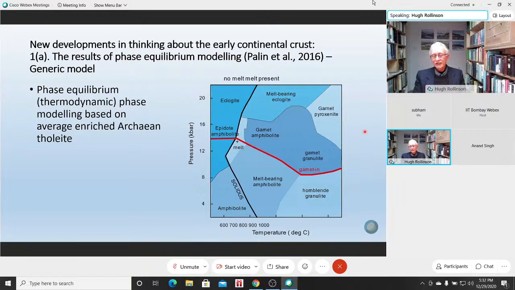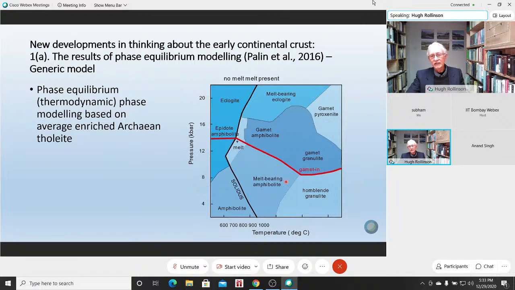They took phase equilibrium data from all the experiments that had been conducted on basaltic rocks and produced a phase diagram in pressure and temperature space showing the stability fields of the different rock types that are produced when a basaltic rock melts. On a diagram like this, we've got a melting curve here, this heavy black line.